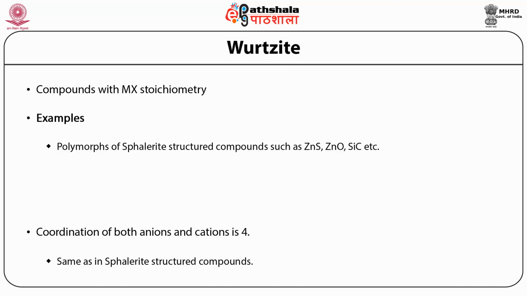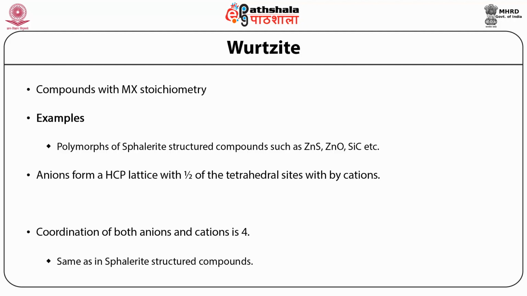In this case, the anions form an HCP lattice, that is hexagonal close packed lattice, with 1/2 of the tetrahedral sites filled with cations. So the only difference to sphalerite structures is that here anions pack in the form of ABAB, and so on, stacking.